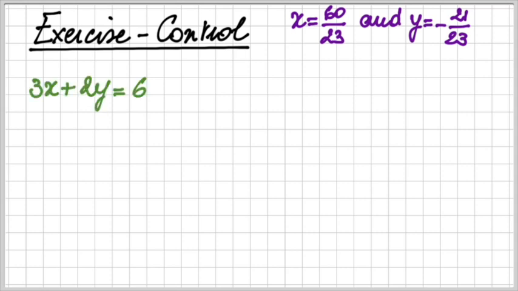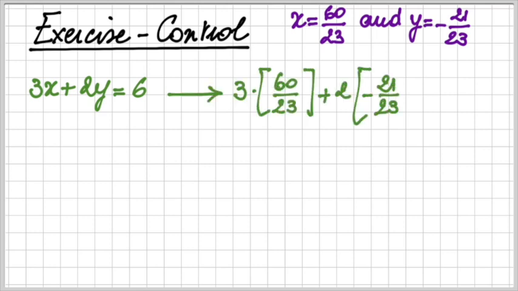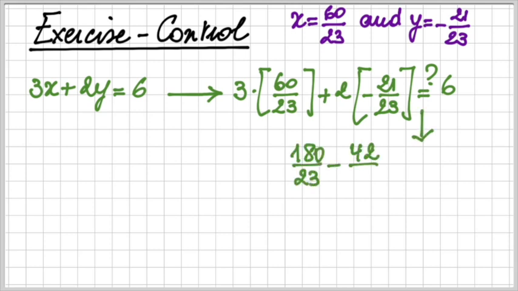We find in the first equation 3x plus 2y is equal to 6. So we say 3 times 60 divided by 23 plus 2 times minus 21 over 23. Is that equal to 6? So we have to prove that the left-hand side is equal to the right-hand side. So let's do the calculations here. We have in the first element 180 divided by 23 minus 42 divided by 23.